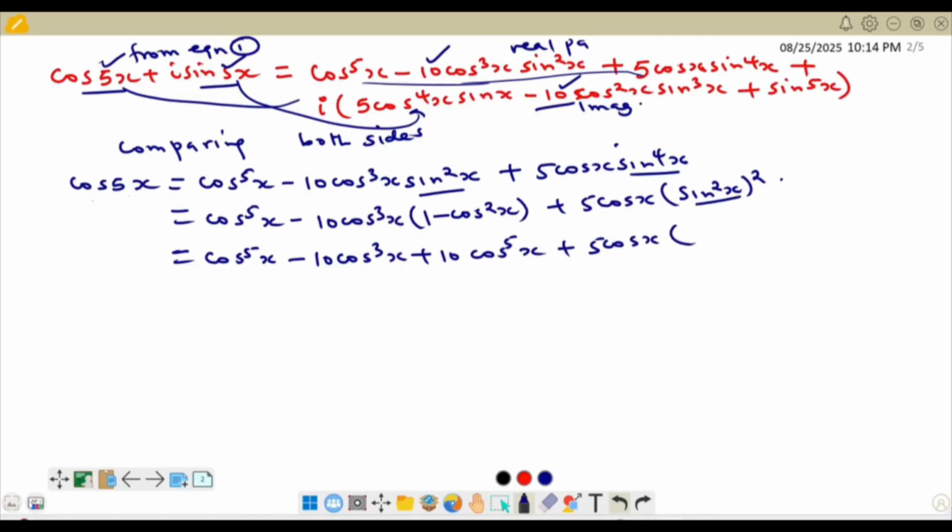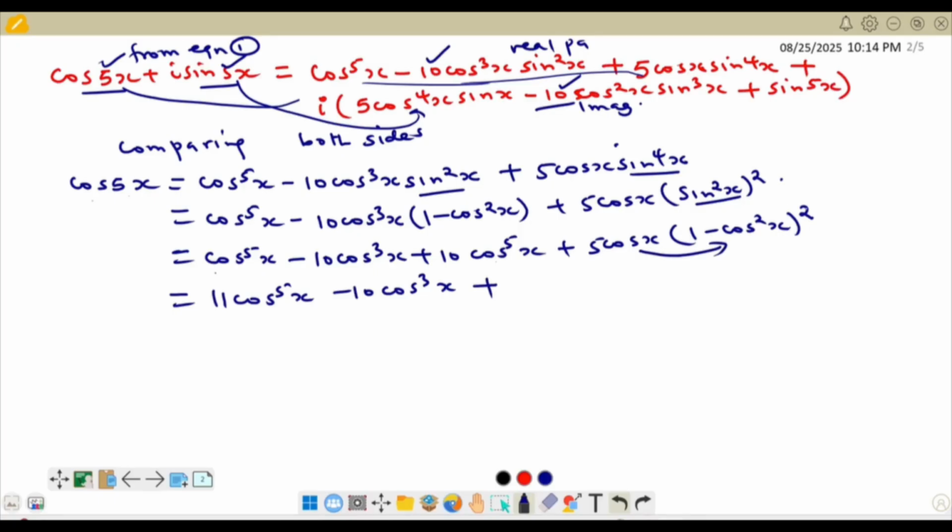I want to get rid of this, so I put the equivalent expression for sine squared in terms of cos, which is 1 minus cos squared of x. This is to power 2. So this will give us this one, and this will give us 11 cos to the power 5 of x, minus 10 cos to the power 3 of x, then plus, we will multiply this one inside here.